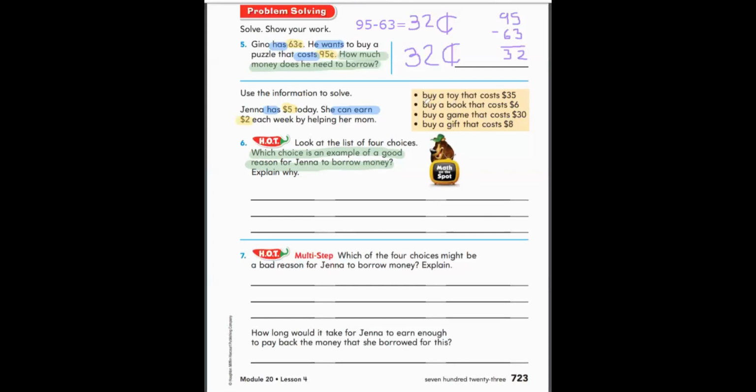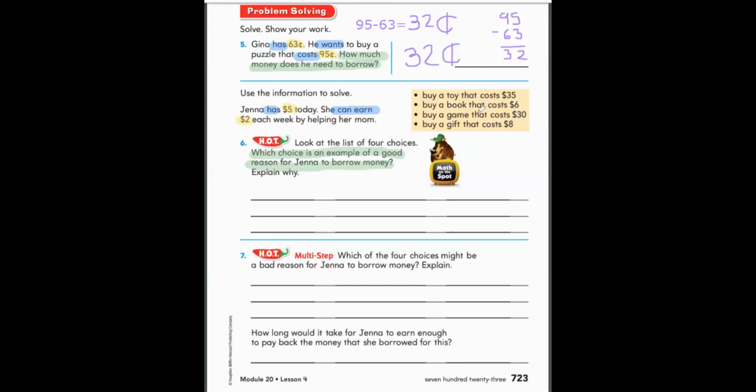Then she has another option, to buy a book that costs $6. Well, maybe that's a good example because she already has 5 and the book is 6. So she just has to borrow $1 and she's going to be able to pay back next week because she's going to earn $2. So this is a very good option.